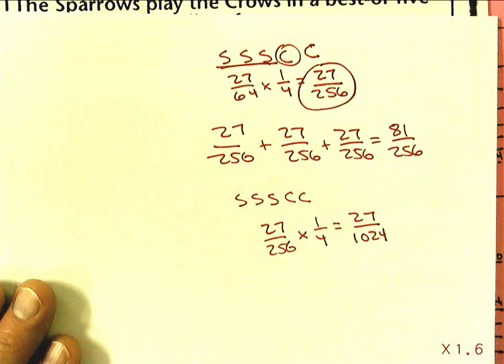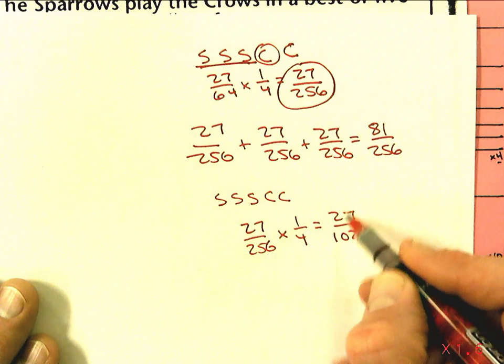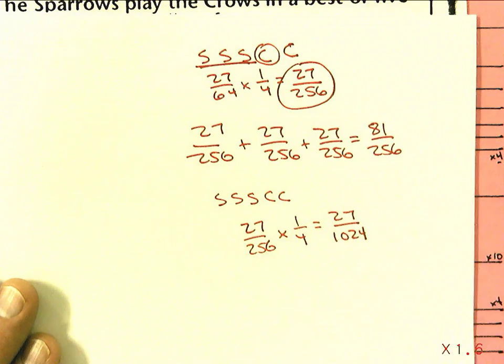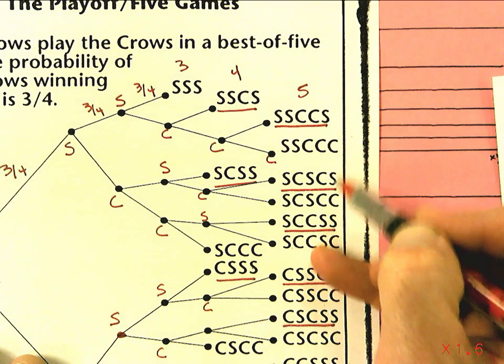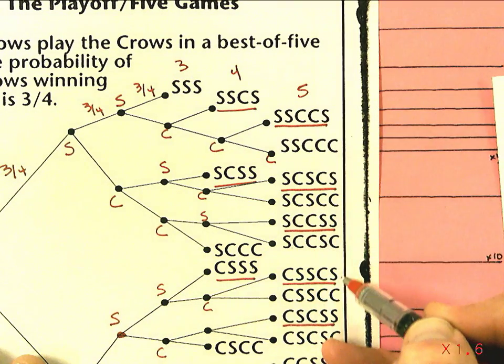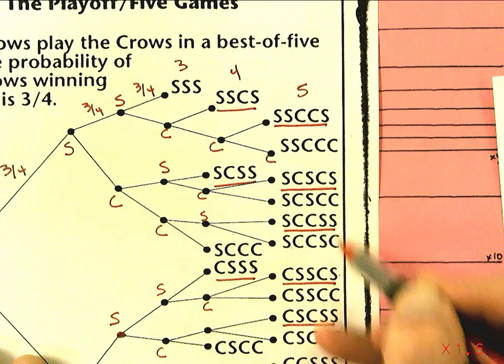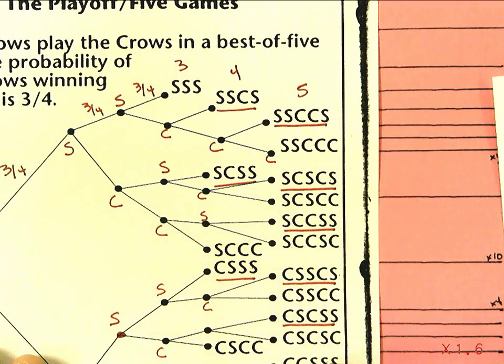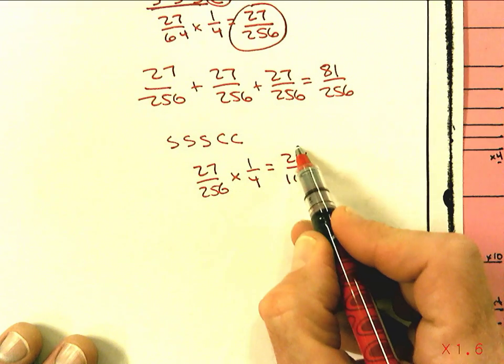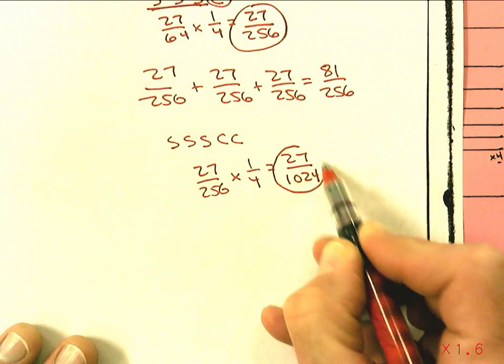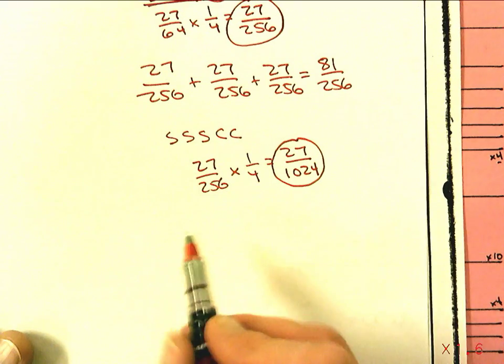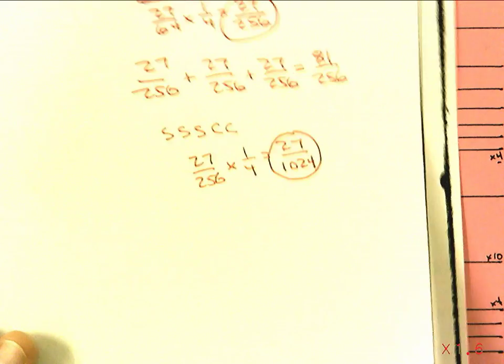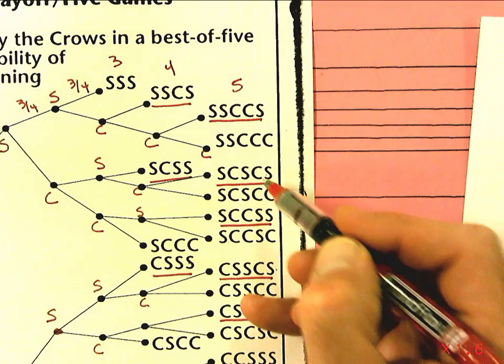And that's the probability that the Sparrows win in 5 games in each one of these 6 different scenarios where they win in 5 games. So again, I'm going to take this number and add it together 6 times, because there are 1, 2, 3, 4, 5, 6 different ways that it can happen.